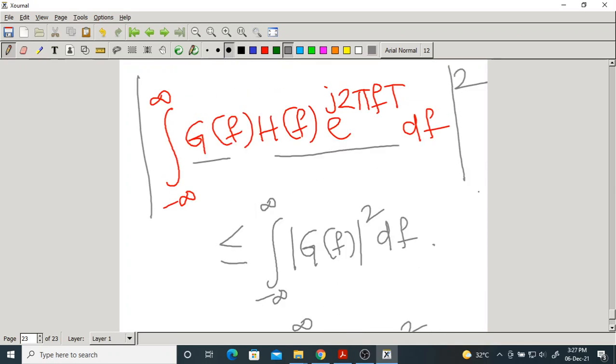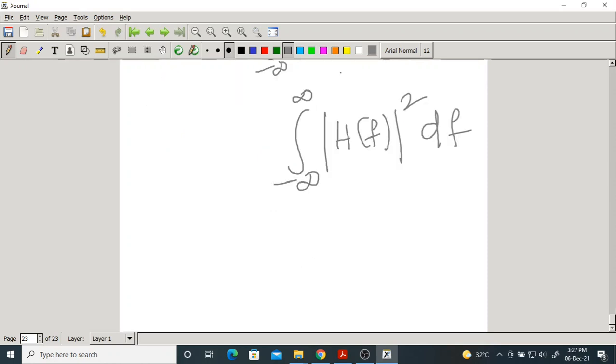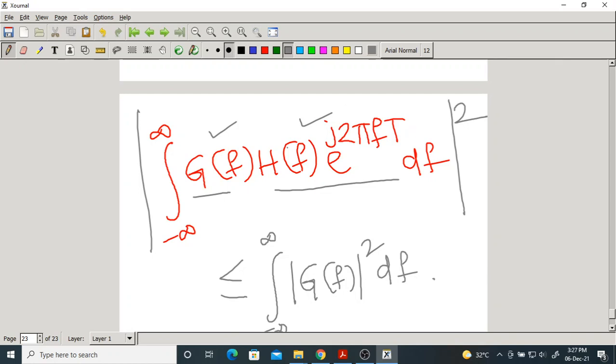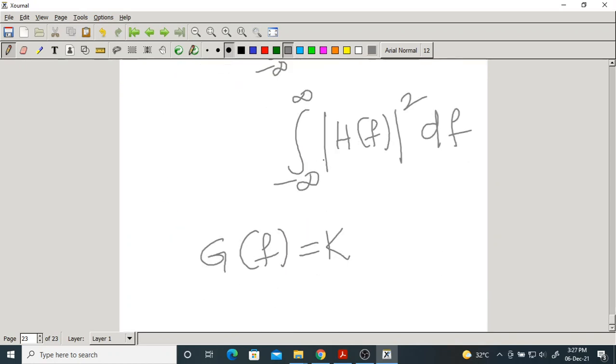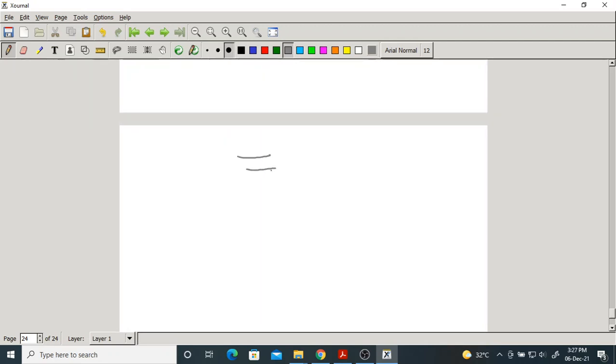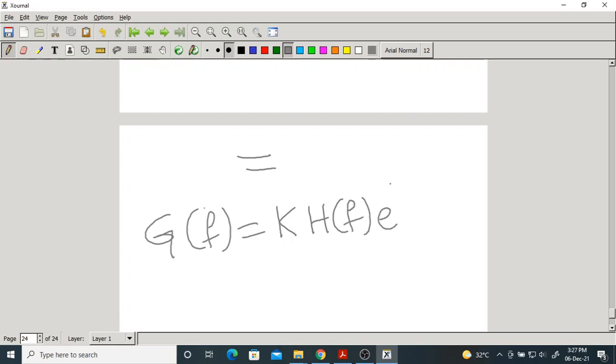When these two are equal, x of omega and y of omega, or x of f and y of f, when G of f is equal to some k into the conjugate of this quantity. Equality holds whenever G of f is equal to k into H of f e power j 2 pi f T, conjugated.